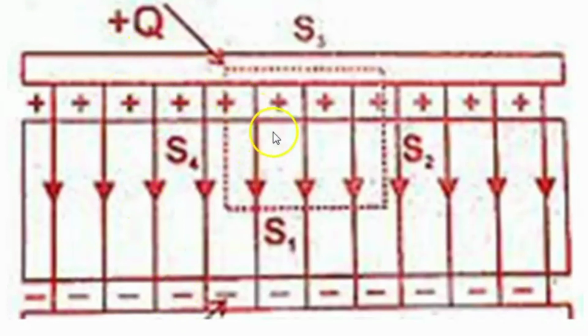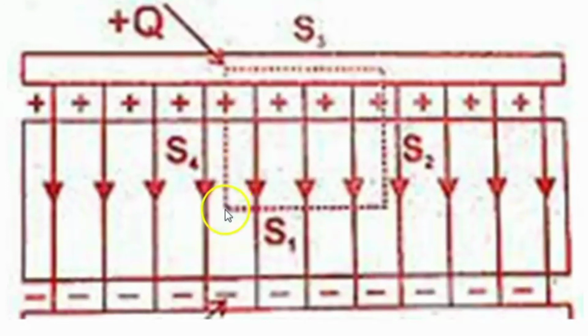Now the sides S2 and S4 are parallel to the electric field lines, so in these two sides S2 and S4, the total flux is equal to 0.